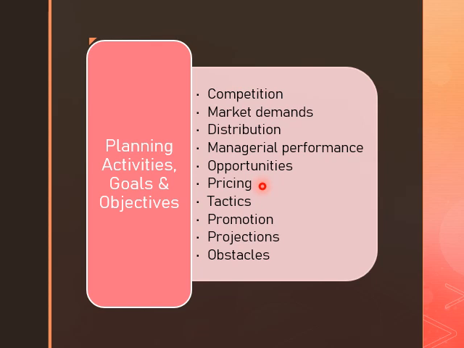Untuk you decide nak letak harga berapa, you kena plan dulu berapa harga yang customer sanggup bayar. Okay, and then tactics, macam mana untuk promotion ke, untuk you stand out daripada you punya competitor. So you kena ada tactics lah. And also promotion, macam mana you decide untuk promote you punya business or promote you punya barang.